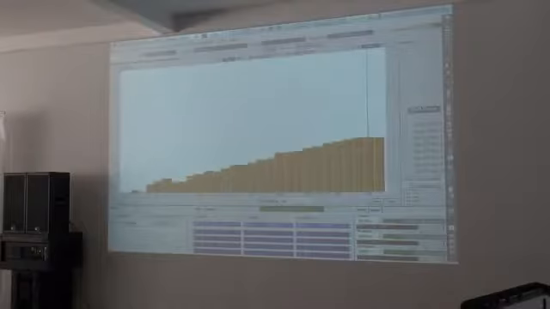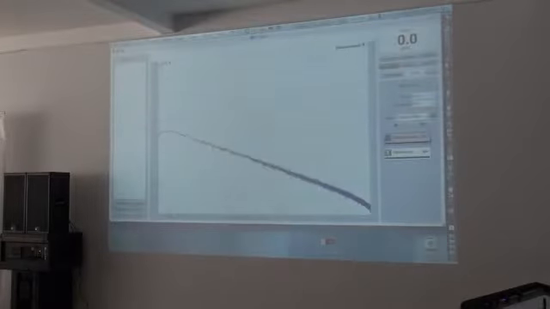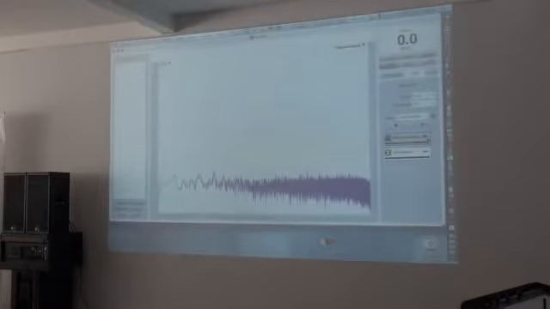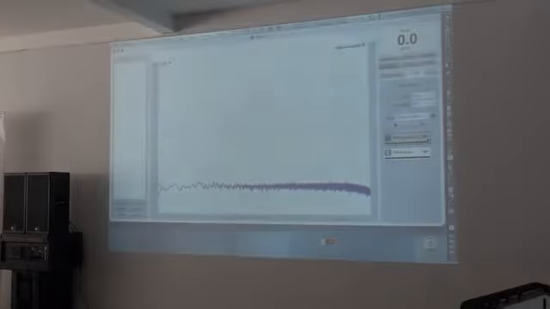But in this one, all the frequencies are at the same level. This is with the fast Fourier transform analyzer.